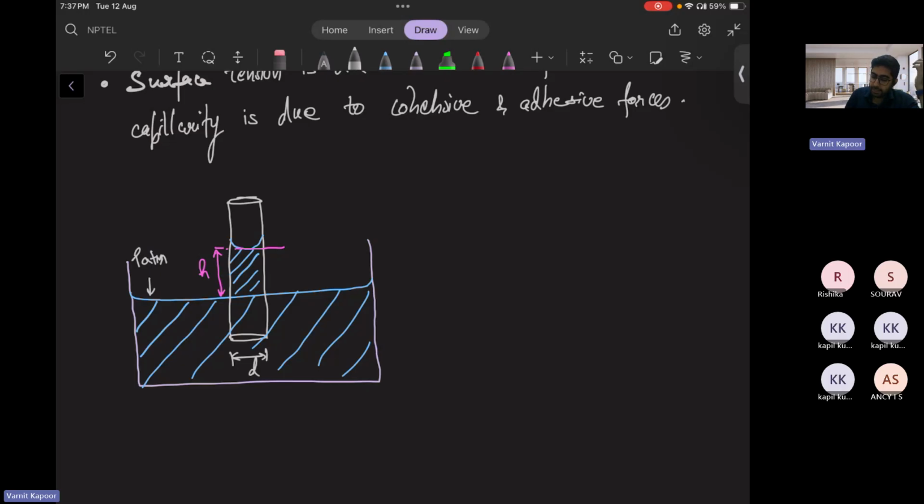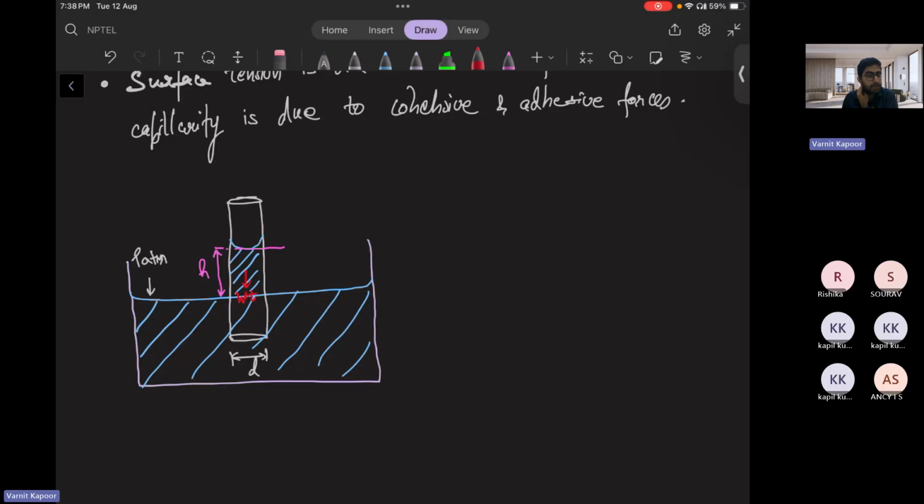If some liquid has risen up here, it will have some weight. Let us say it has some weight WT, the weight of the liquid column. Now we will draw a tangent because it is a wetting or non-wetting case. It is a wetting phenomenon.